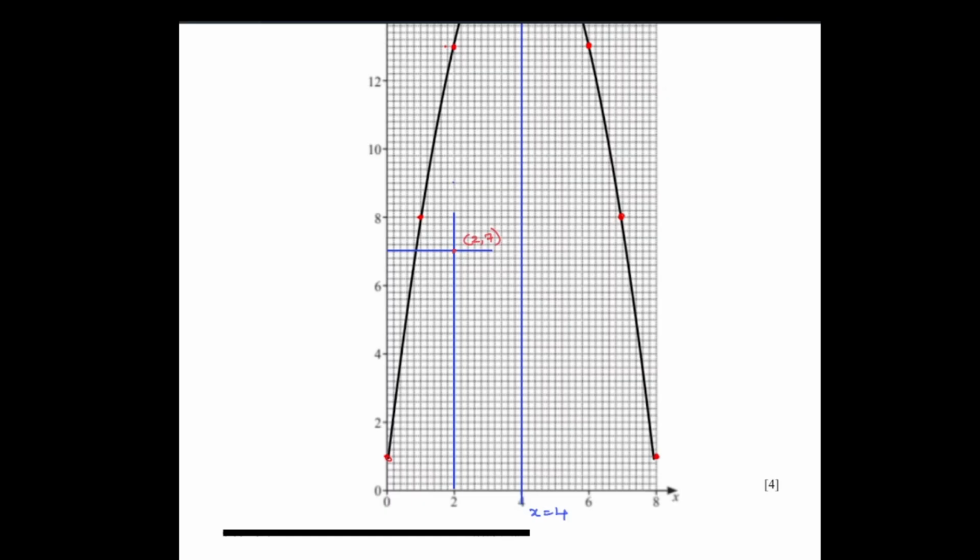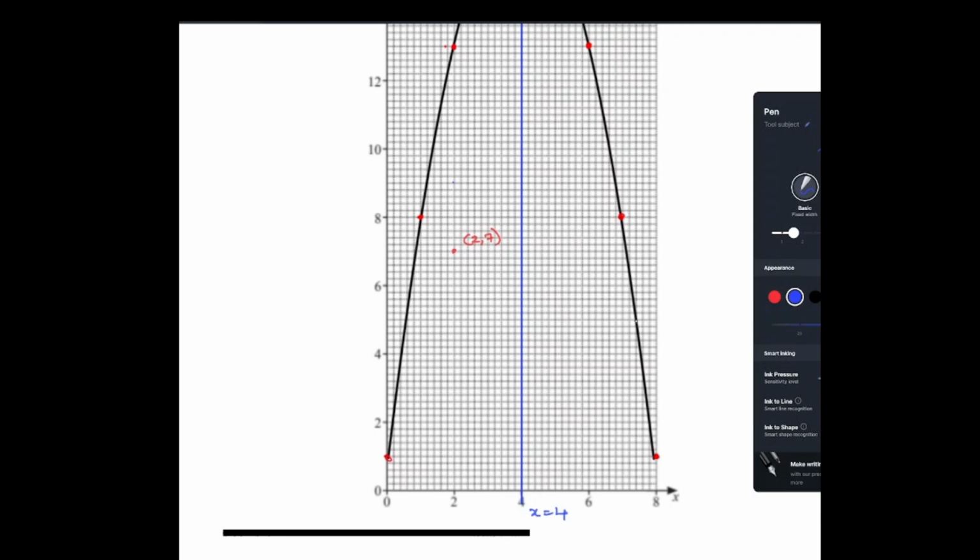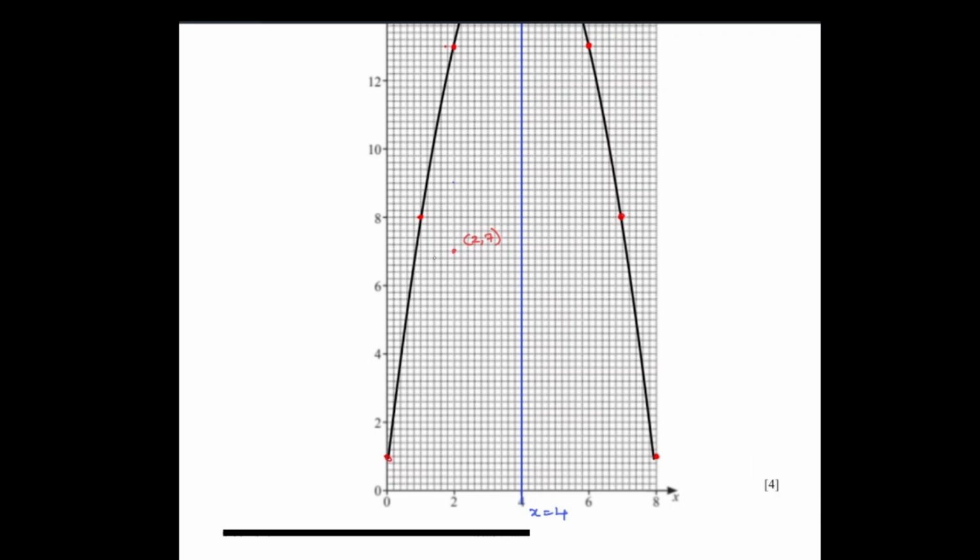It has a gradient of 1 by 2. Let me erase this. The change in y is 1, the change in x is 2. Up 1 box, right 2 boxes. Because this is 7, 8 will be the next 5 boxes up.